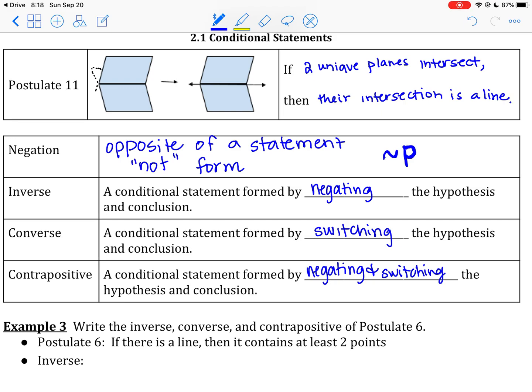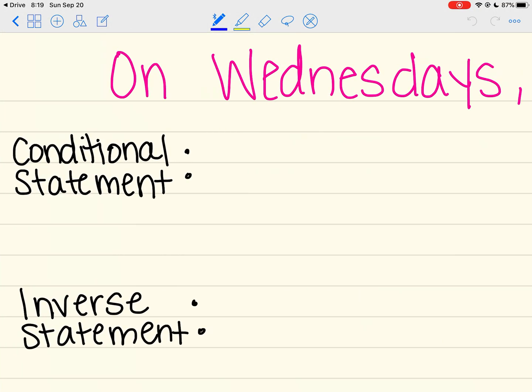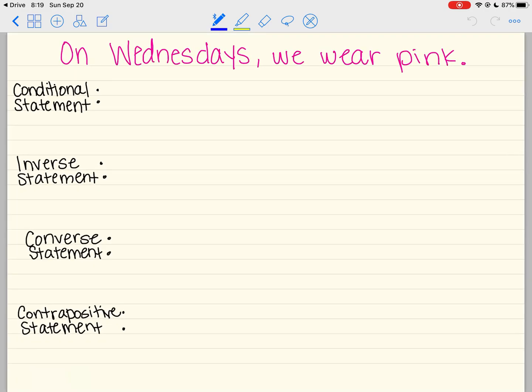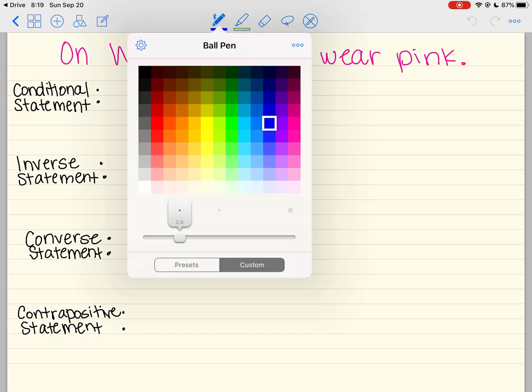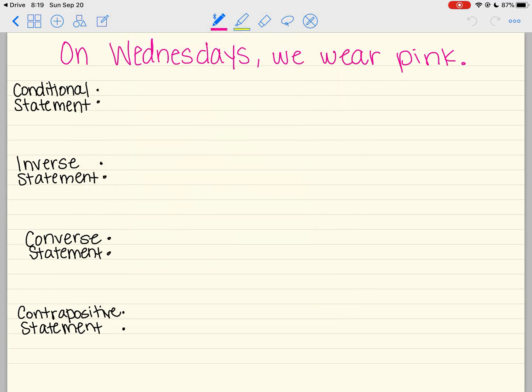So for this, I'm going to first use an example from one of my favorite movies, and that is Mean Girls. So in Mean Girls, one of the main quotes that I love is, "On Wednesdays we wear pink." So they decide that on Wednesdays they're only wearing pink. So that is our original statement, and we're going to turn that into a conditional statement by doing if-then form.